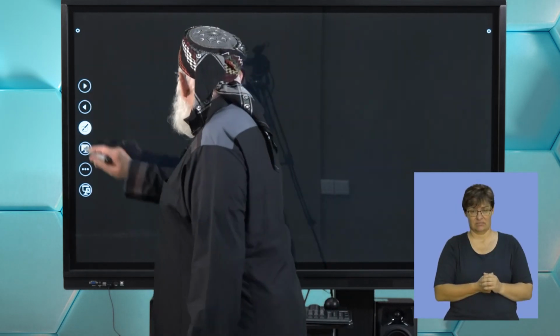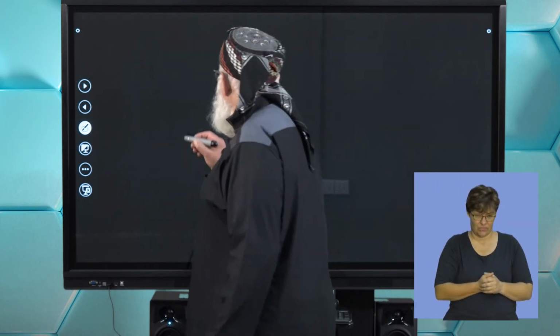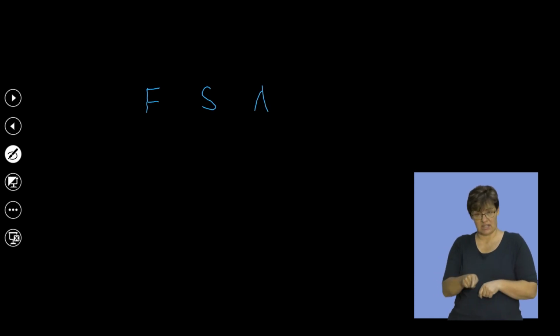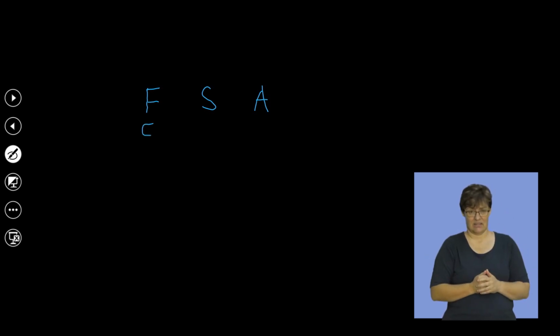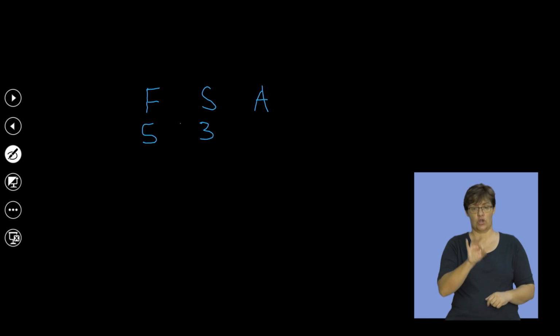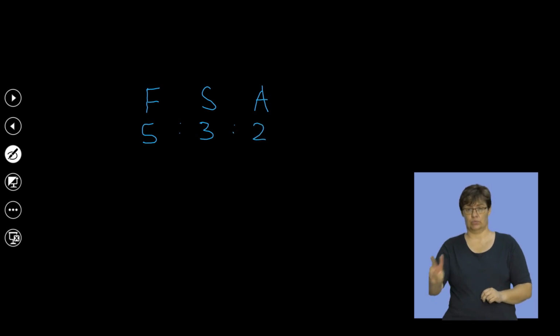Okay, another important consideration that I want you to take note of is sometimes you are given your floor space in the form of a ratio. For example, you are told that the factory and the selling and distribution and the admin section are sharing the premises in the ratio 5:3:2.